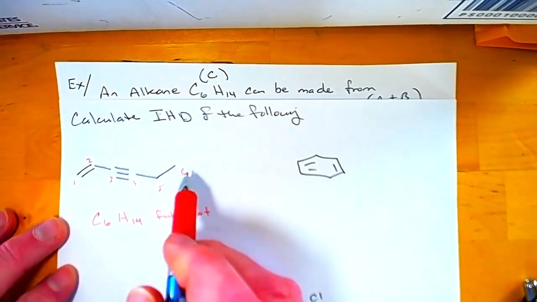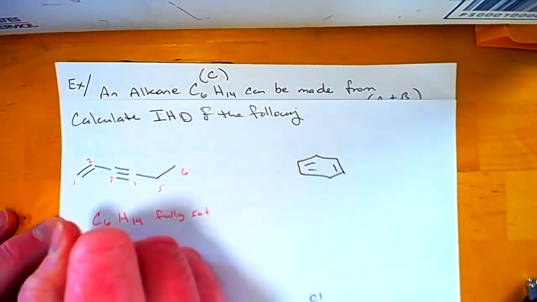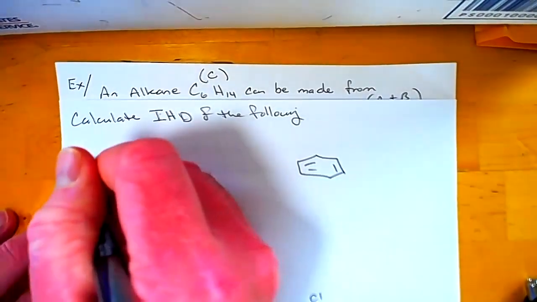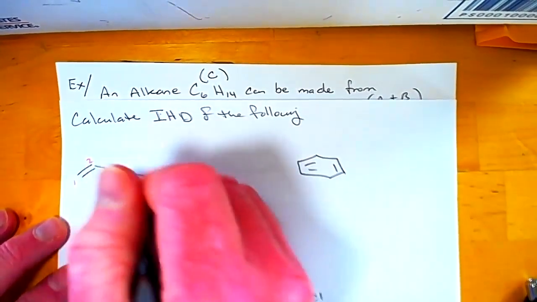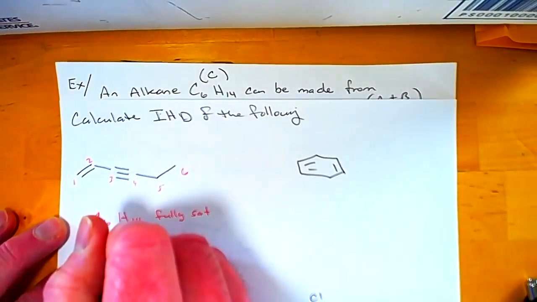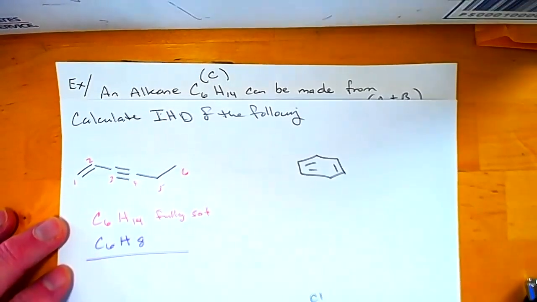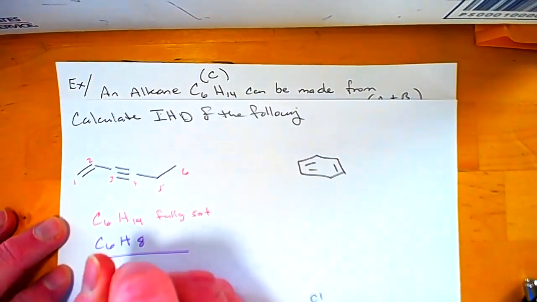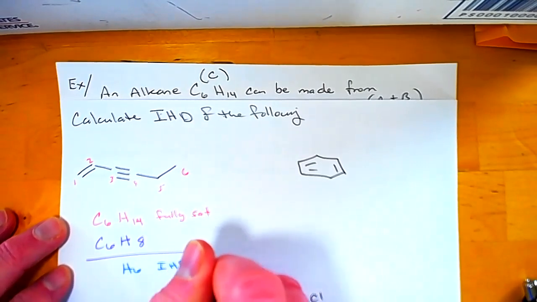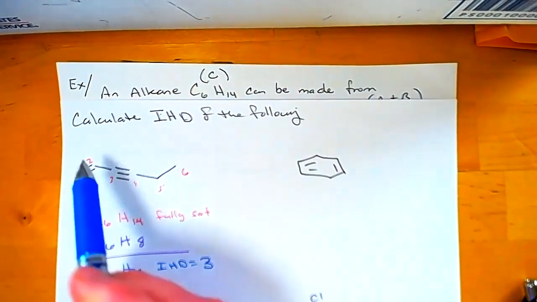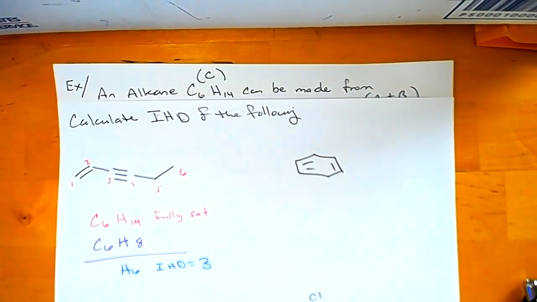And then the actual chemical formula of the compound itself is C6, 1, 2, 3, 4, 5, 6, 7, 8, no hydrogens here in that triple bond. Well, that's going to be a difference of 6 hydrogens, which is going to be an IHD of 3. Now, does that make sense? Yeah, you have 3 pi bonds, so that's why you have an IHD of 3.